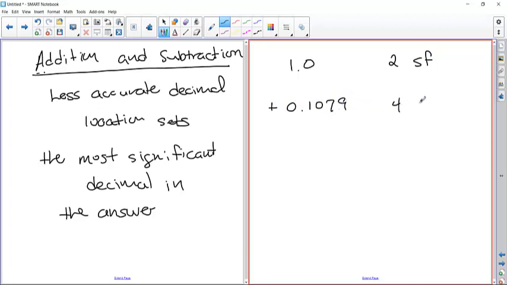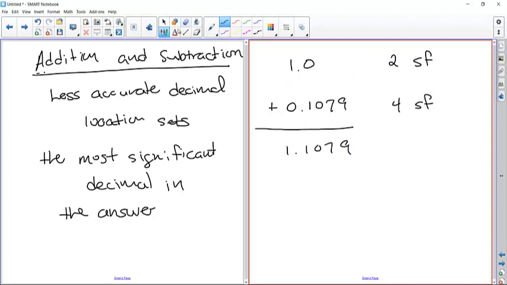So that one has four significant figures, so you may incorrectly assume that the answer has four significant figures. Or you may say the answer has two significant figures. It's not always dependent upon the accuracy of the initial numbers, but what we do is you basically can use your calculator at this point and just do the math. So if you did the math with your calculator, you get 1.1079.